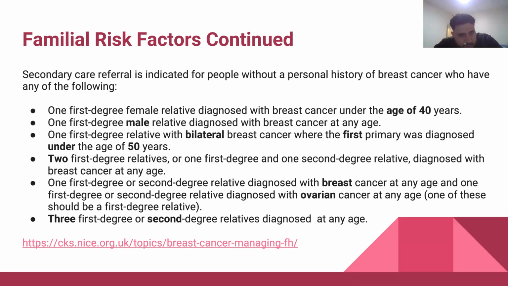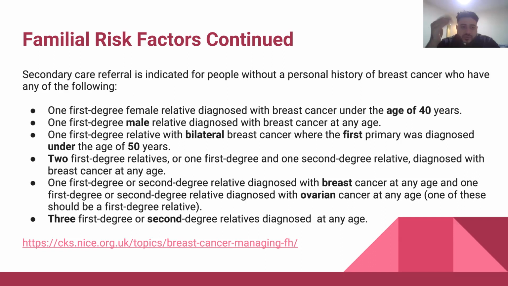And yeah, a secondary care referral is indicated for anyone without a personal history of breast cancer who has any of the following. And as I said, they're quite extensive. So if you've got one first-degree male relative who's been diagnosed with breast cancer at any age, then you'd need a secondary care referral. One first-degree relative with bilateral breast cancer, where the first primary was diagnosed under 50, just as a small nuance to appreciate.